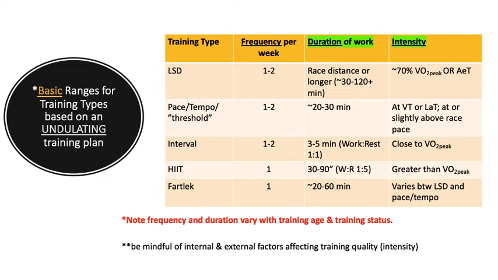The key here that I want you to see is that there is this fluctuation in duration of work, which is your volume, and your intensity, such that as the intensity increases, so as we get closer to those HIIT and the intervals, that you get close to your VO2 max, the duration of the work in that workout, the actual quality work, is reduced. So when duration or volume is high, intensity is low.